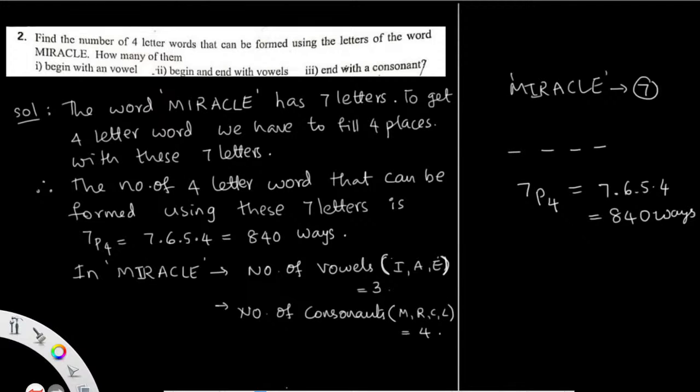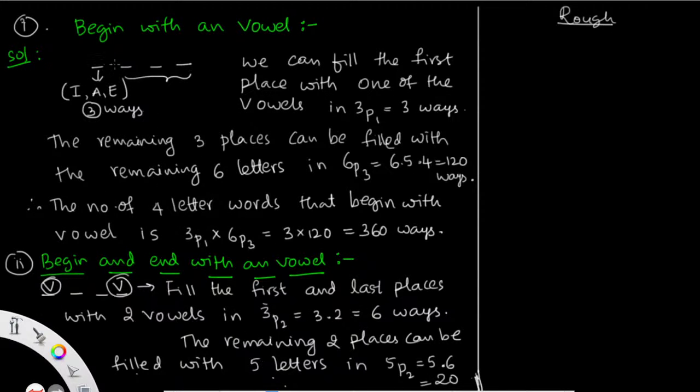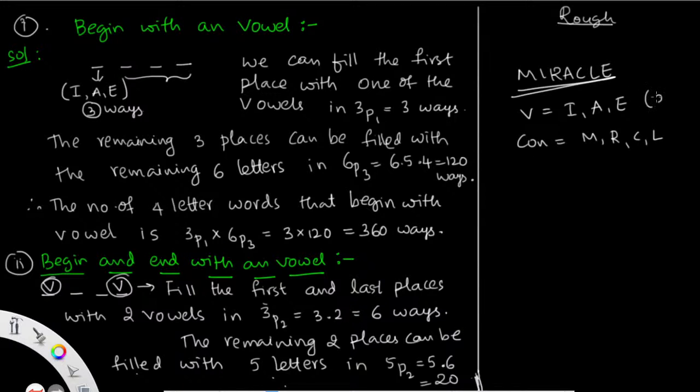So the first question is begin with a vowel. The word is miracle. The vowels are I, A, E. The consonants are M, R, C, L. Here there are three vowels and four consonants.